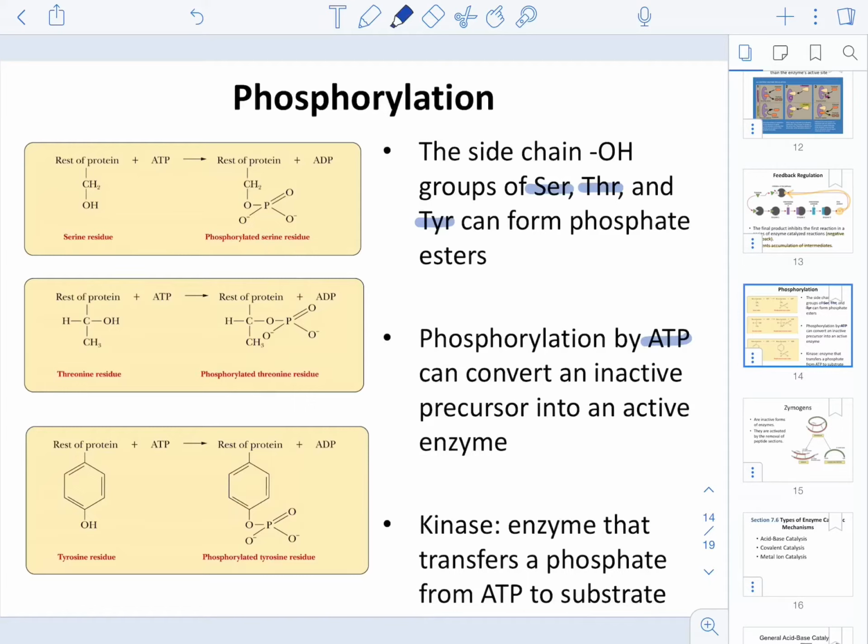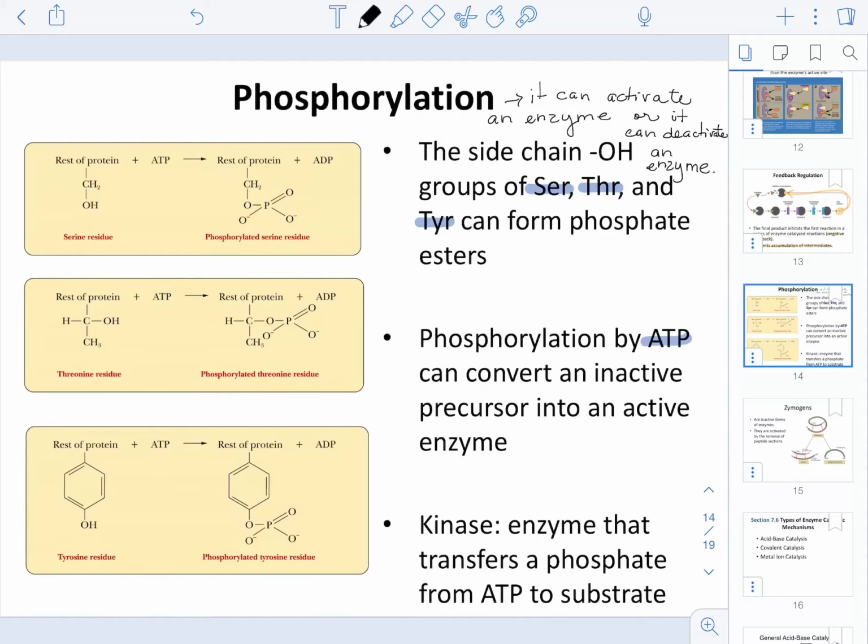And understand that when it comes to phosphorylation, it can activate an enzyme, or it can deactivate an enzyme.